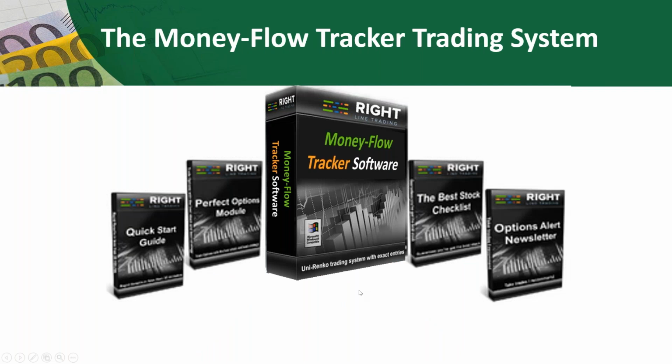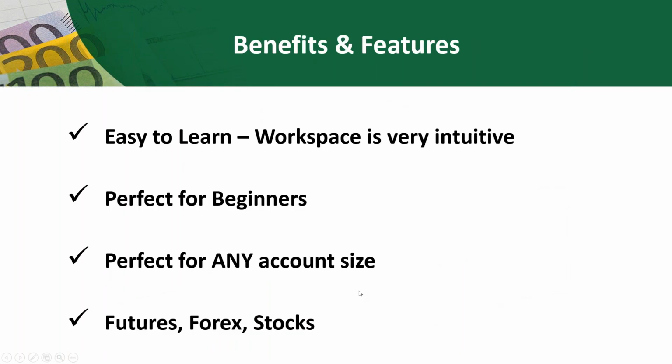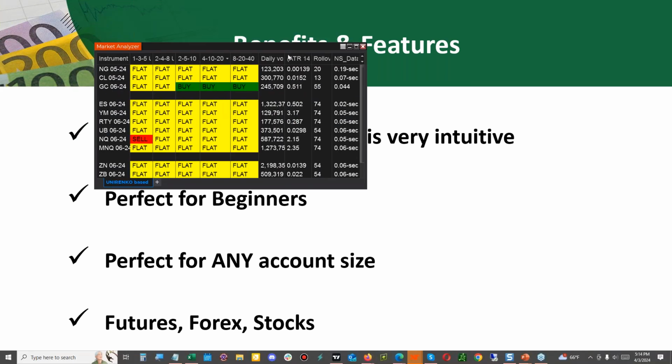So now look, the Money Flow Tracker software is easy to learn. You get the workspace, it's very intuitive, perfect for beginners. Sometimes I wish I was a beginner, but you can trade any account size. We have some people that just trade with prop firms, and some that trade their own accounts and like to trade micros, and there's nothing wrong with trading micros. Look at this, I'll show you something real quick.